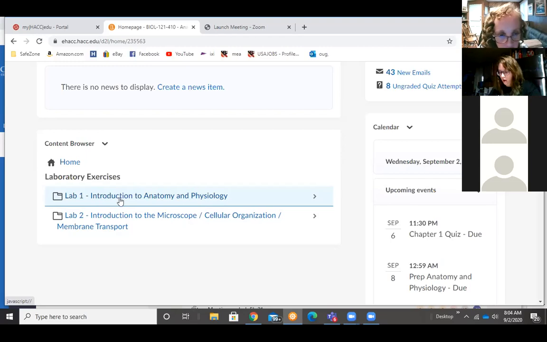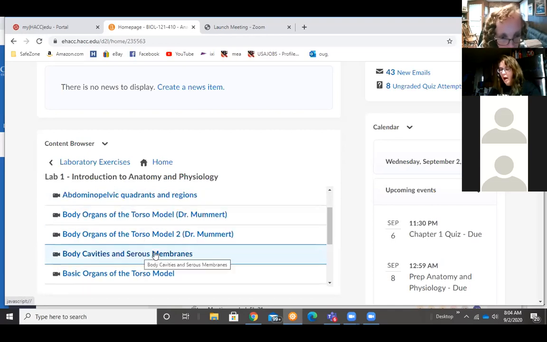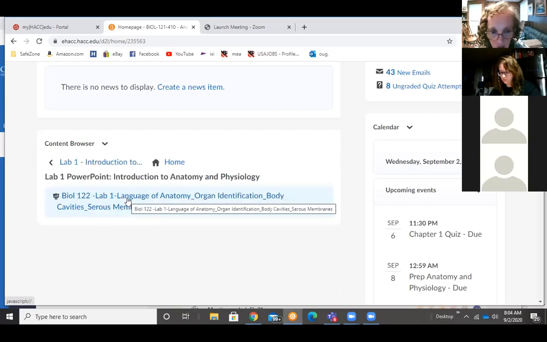And the reason I say that is because, for example, in lecture, we're going to spend a lot of time learning the physiology. But in lab, we're going to focus mainly on the anatomy, the majority of the time on the anatomy. And if you can learn the terms that were covered in this Lab 1 PowerPoint, and I'll show that to you again here, give me one moment.